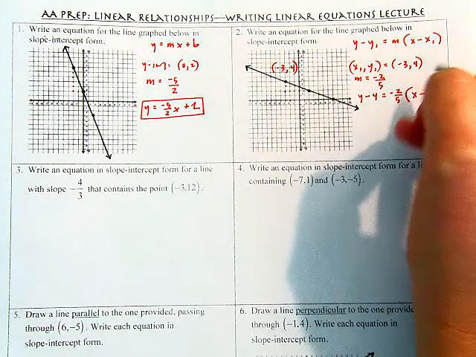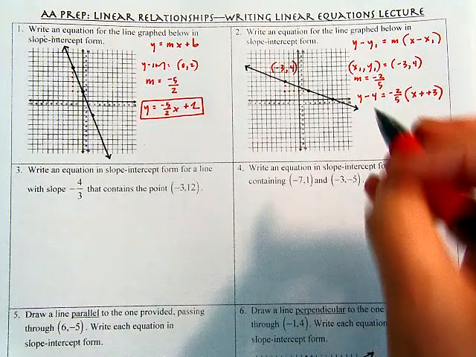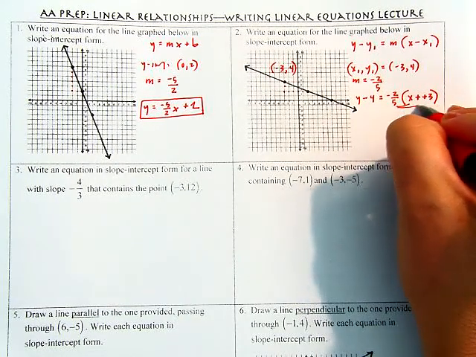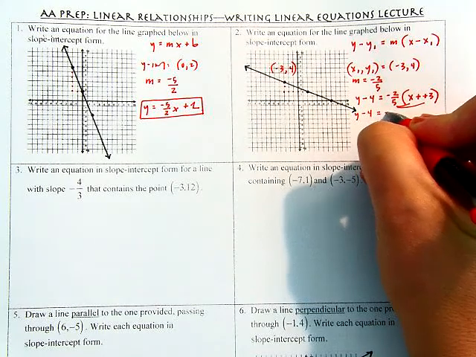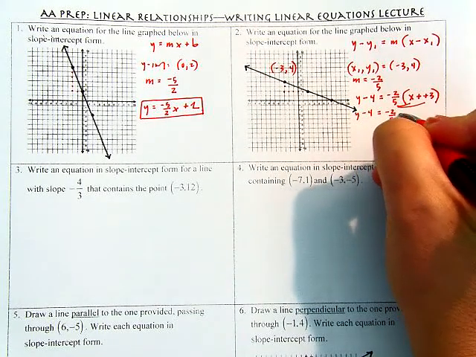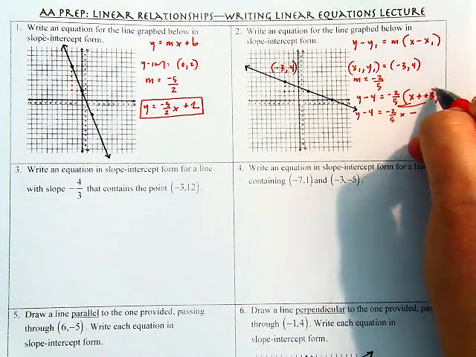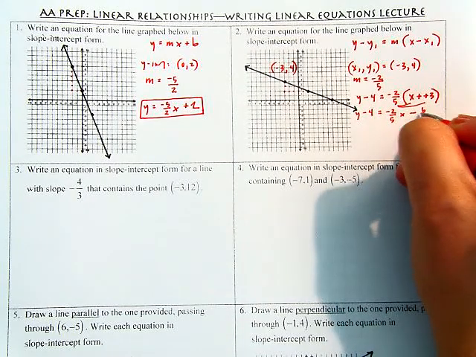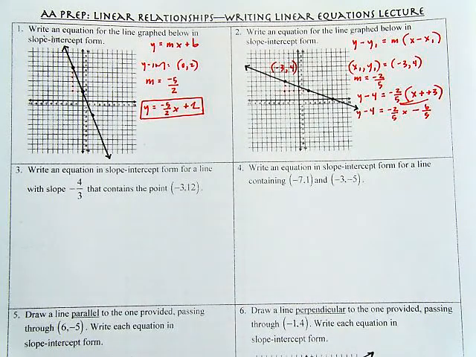Whenever I subtract a negative, that goes to a positive, so I'll make that a plus. Then I distribute the negative 2/5. So I have y minus 4 equals negative 2/5 x plus, well, 2/5 times 3, so I have 6/5 right now. I'm going to leave it improper for a moment.